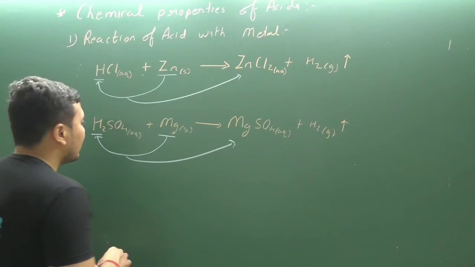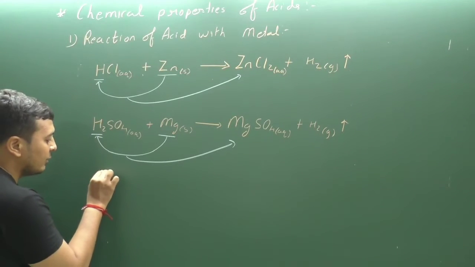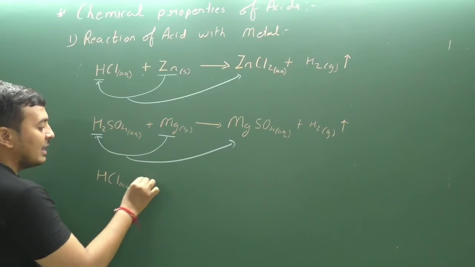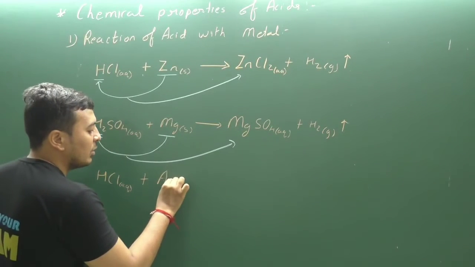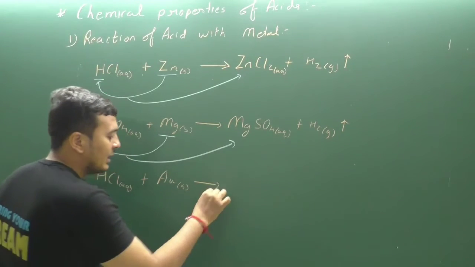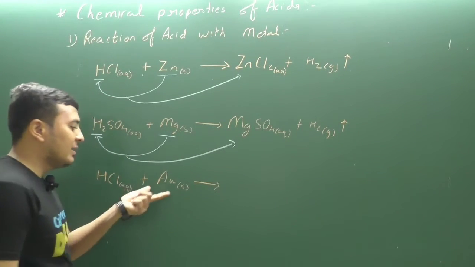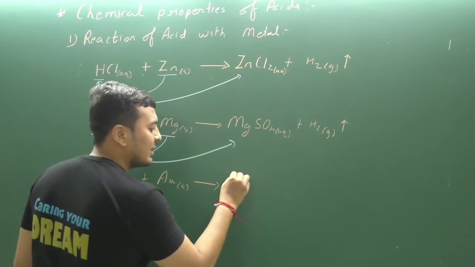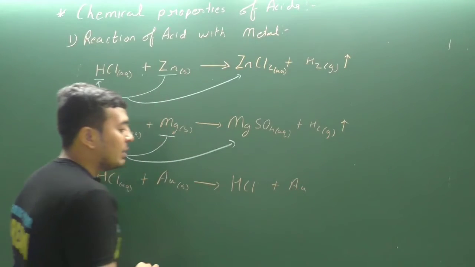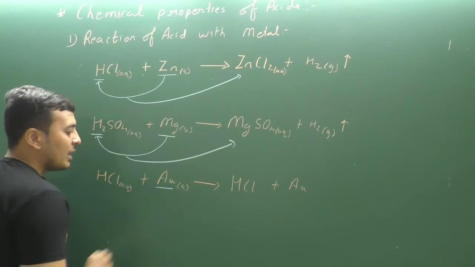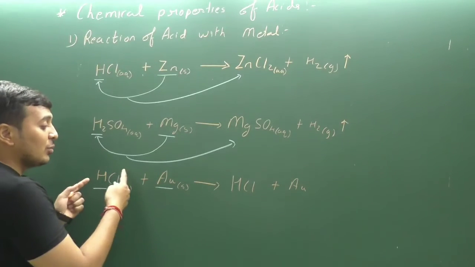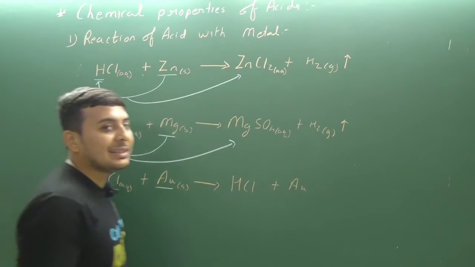So when any acid, for example aqueous HCl, reacts with gold, what is the symbol of gold? Au, solid in state. When acid reacts with gold, there is no reaction; the compounds remain the same, HCl and Au. Why? Because gold is not more reactive than hydrogen. Hydrogen is more reactive, so gold cannot displace hydrogen.